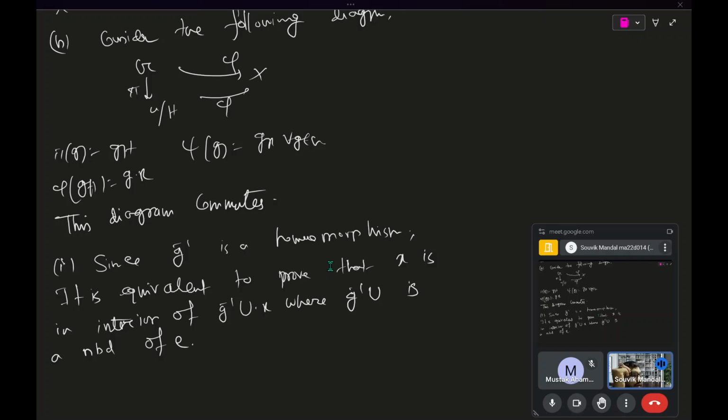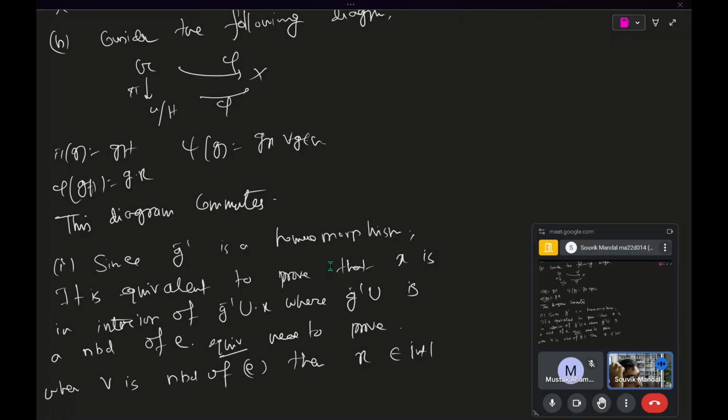So equivalently, we need to prove that when U is a neighborhood of e, x belongs to the interior of U.x.